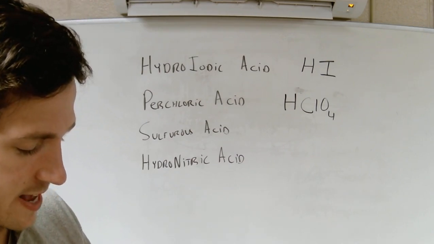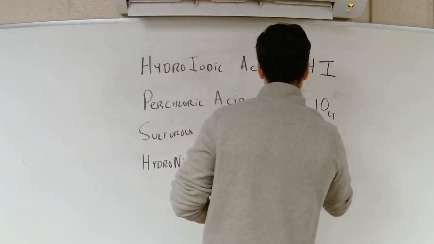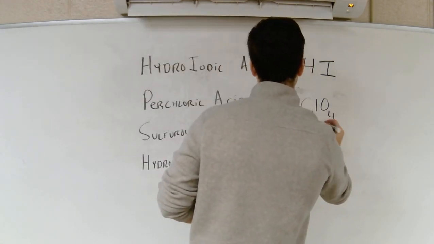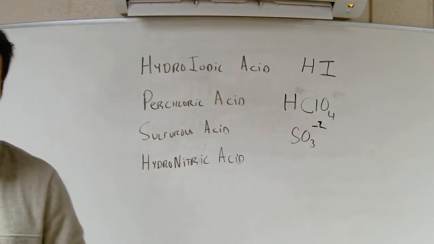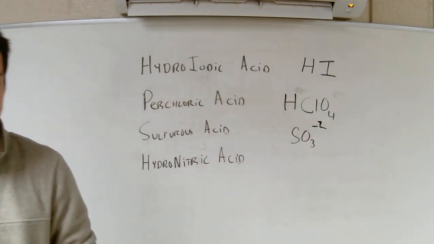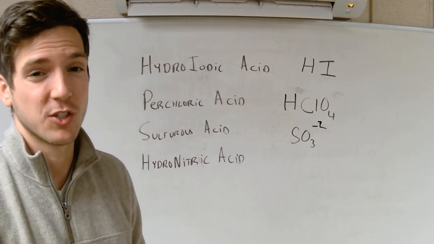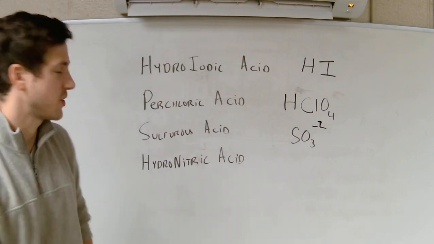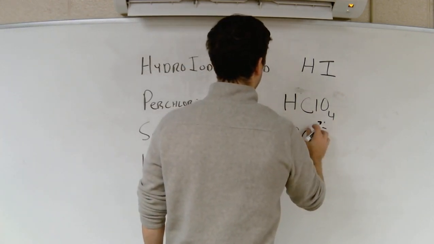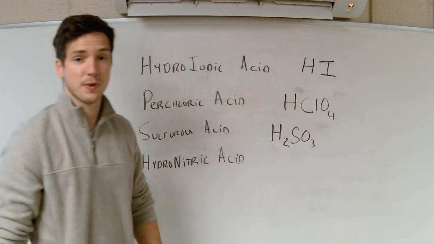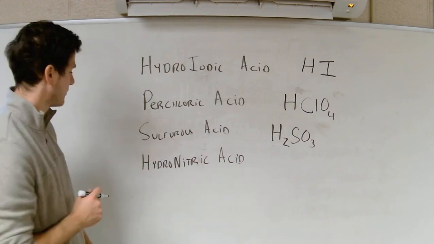It is SO3 2-. Well then, how many hydrogens am I going to have to add to make this neutral? Remember, hydrogen has a +1 charge, so this must be H2SO3. Sulfurous acid gets rid of that 2- charge.